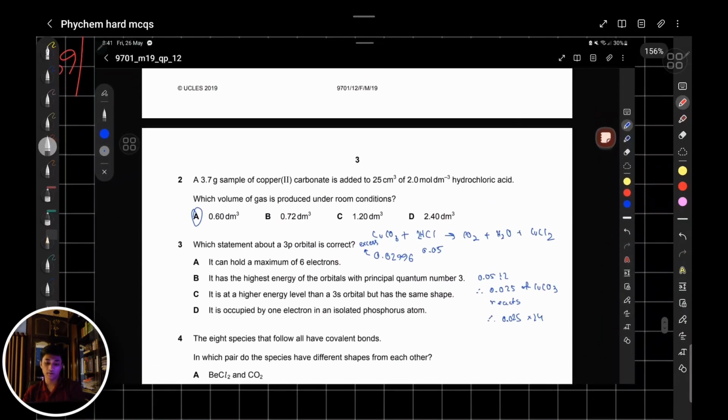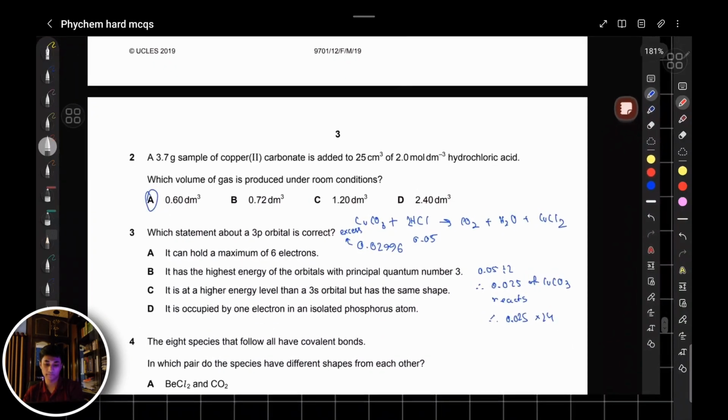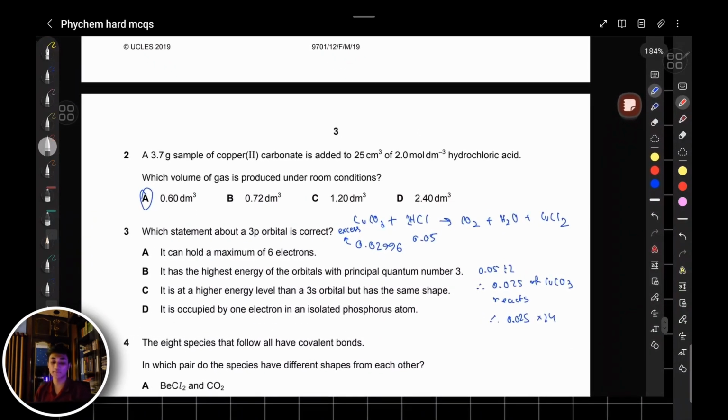Question 39. A 3.7 gram sample of copper 2 carbonate is added to 25 cm³ of 2 mole per dm³ of hydrochloric acid. Which volume of gas is produced under room conditions? Copper 2 carbonate, CuCO3, reacts with 2 moles of HCl, producing what?